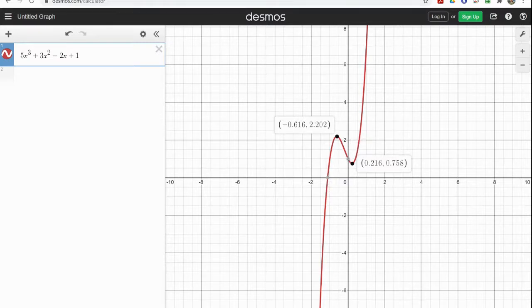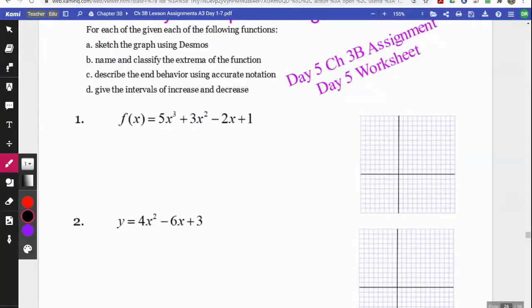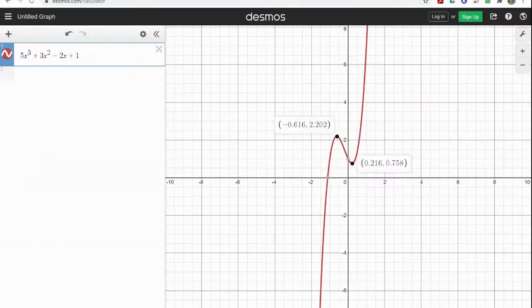So this is a typical standard x to the third graph, or odd function. It has the same end behavior as all odd functions, where the left tail end of the graph goes to negative infinity and the right tail end of the graph goes to positive infinity. So it's easy enough to start there, and maybe we'll just copy this right now.